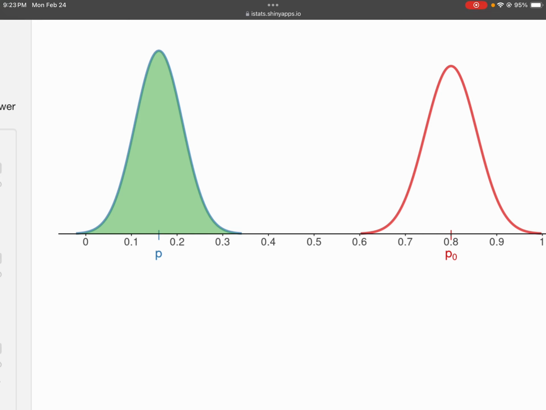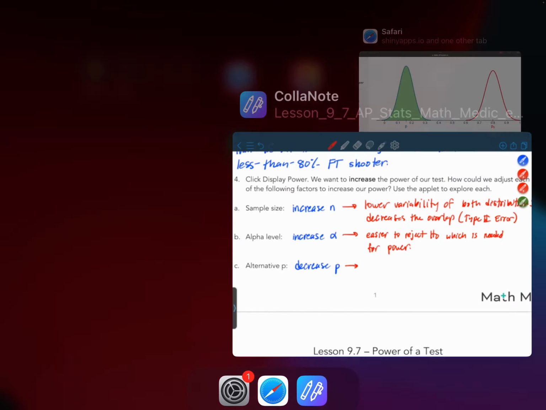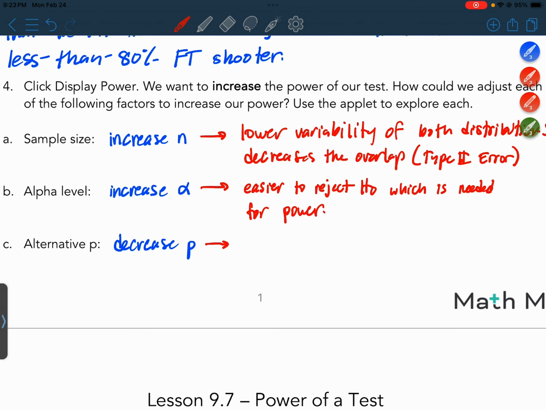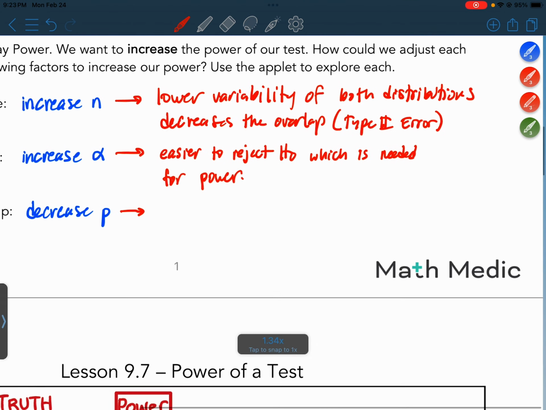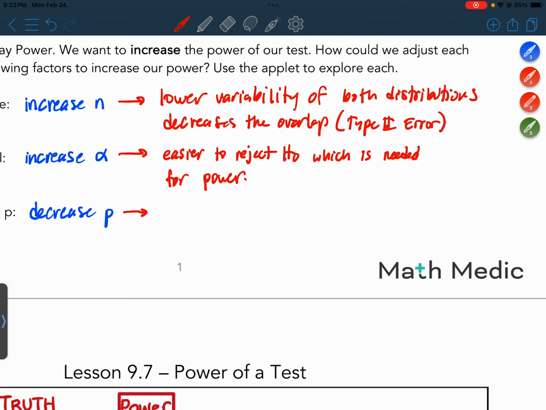So our power will increase if we increase the distance between the null value and the alternative value.